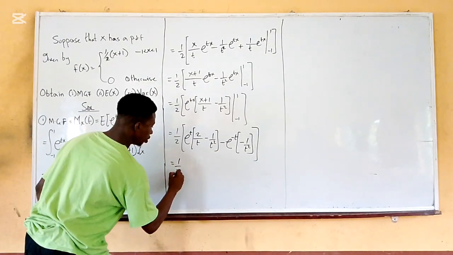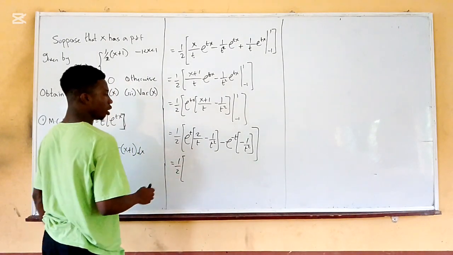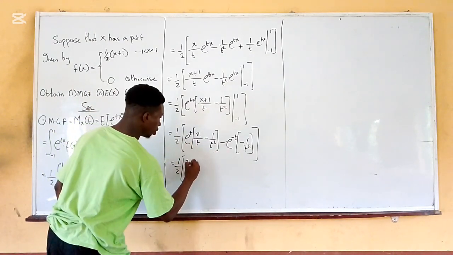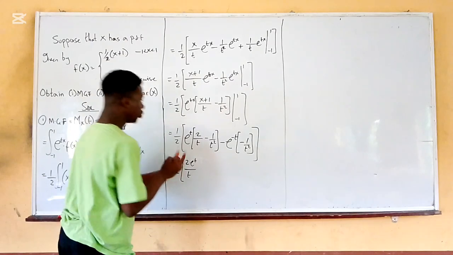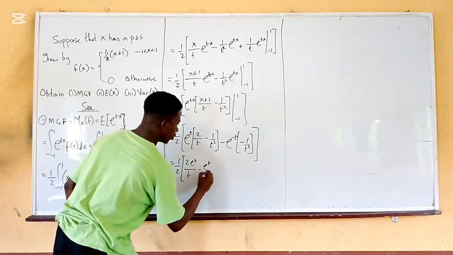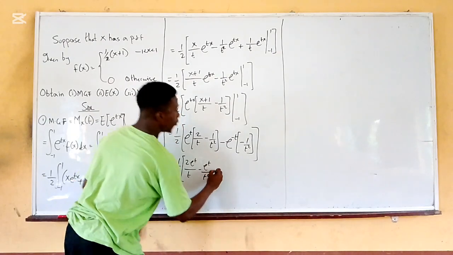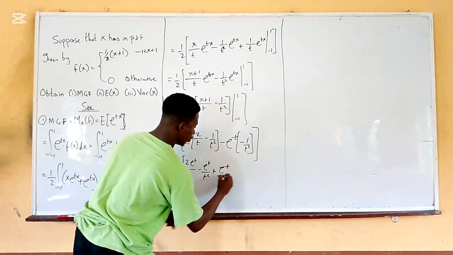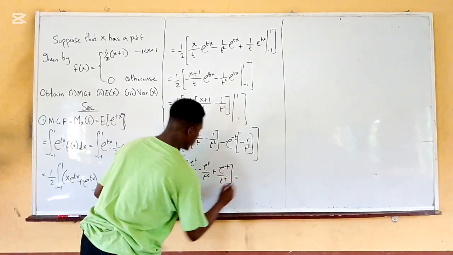That's 1 over 2. So I can say 2 exponential t over t, using this exponential t to expand, minus exponential t over t squared. Minus times minus, we have plus exponential negative t over t squared, close bracket.